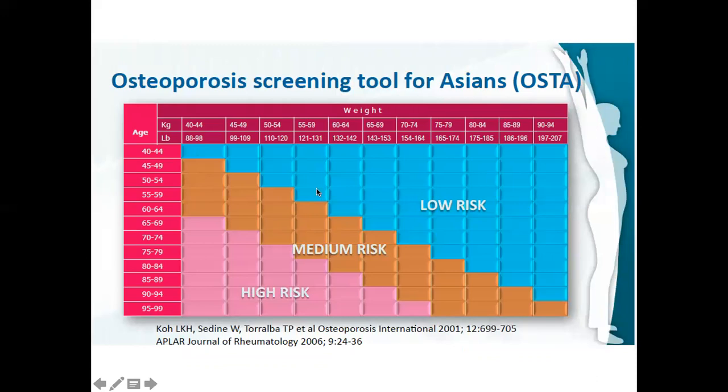As you can see from the OSTA, it's very obvious that the elderly are already identified as high risk. But also take a look at the weight and the height in the BMI. Those who have low BMI also have an increased risk. So if the patient is of advanced age and has a low BMI as well, they are at very high risk for developing osteoporosis, and all the more you will have to push the patient to undergo some testing.